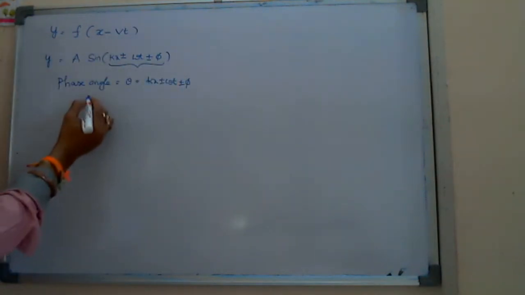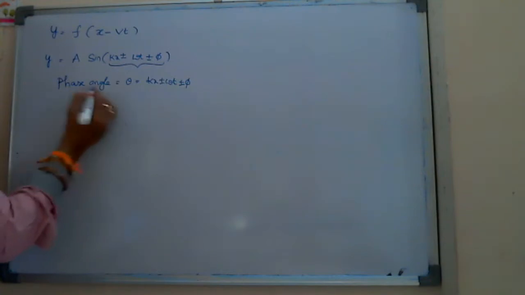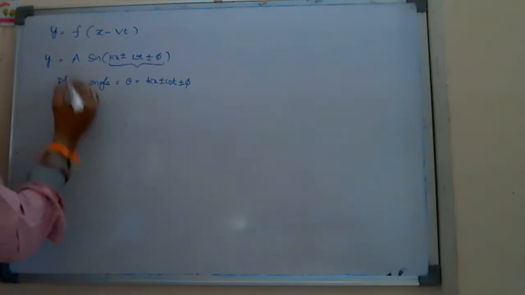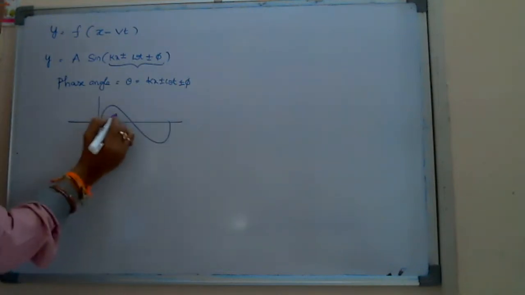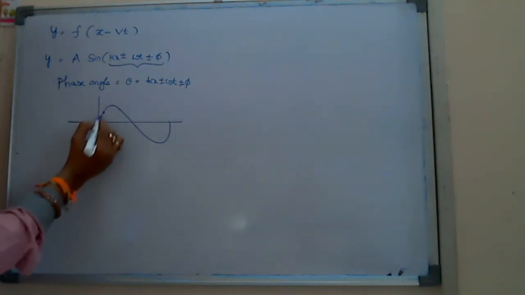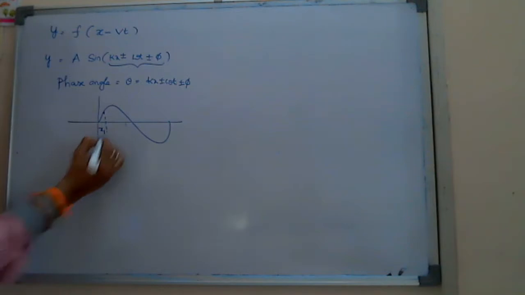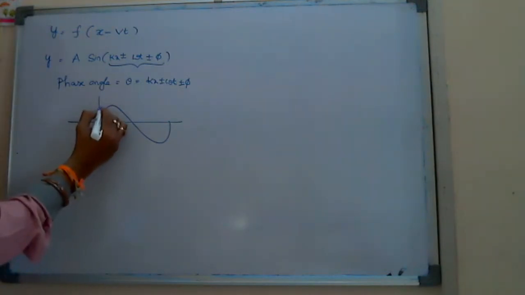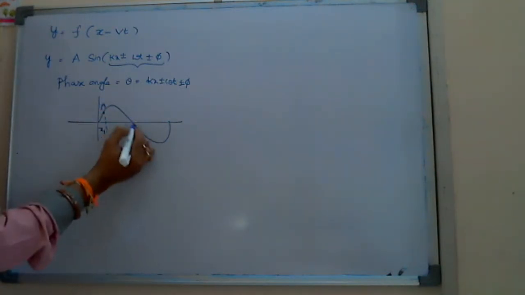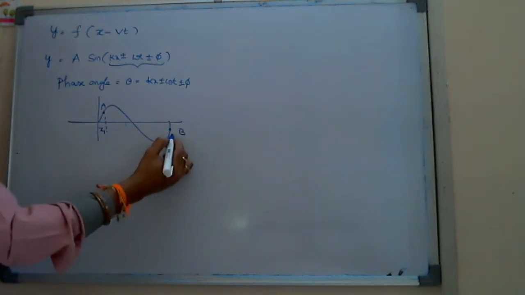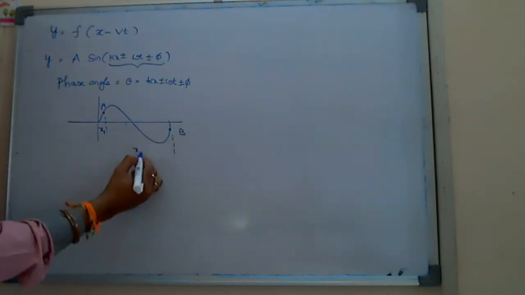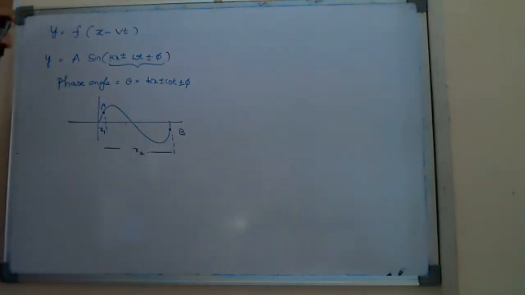Suppose they ask for the phase difference between two points in the wave. This is one point selected at a distance of some x1, and some other point, point P, is selected at a distance of x2 from here.